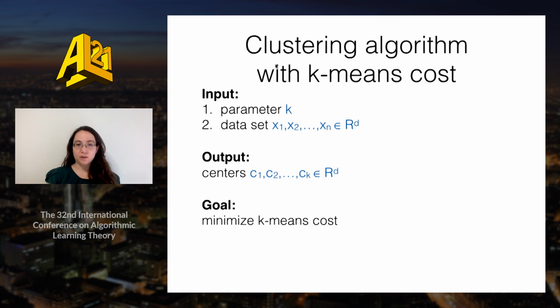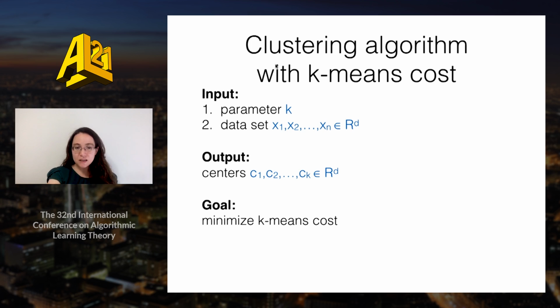A clustering algorithm for the Kmeans cost is the following. It is given as an input a parameter k, which represents the desired number of centers. It's also given n points. The goal is to output k centers. We want to output centers that minimize the Kmeans cost.